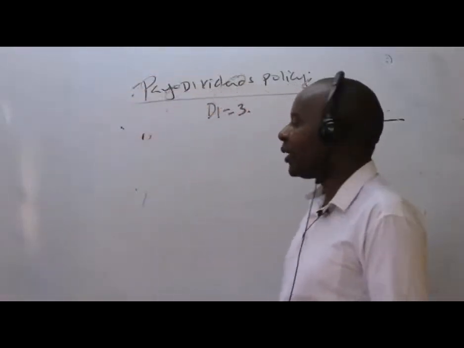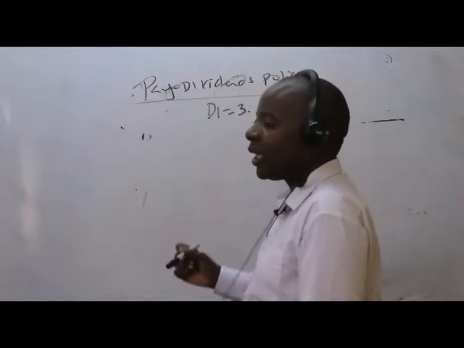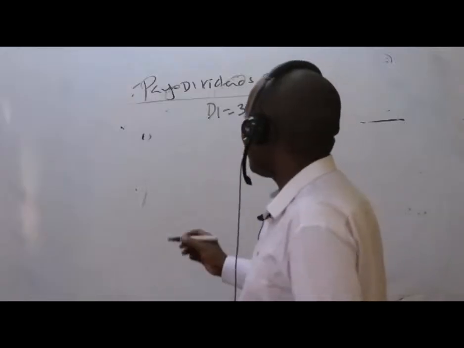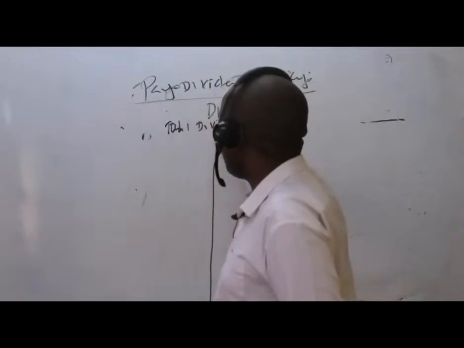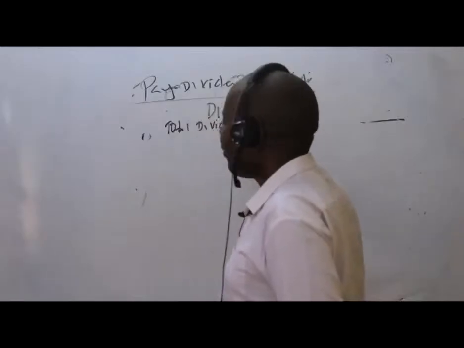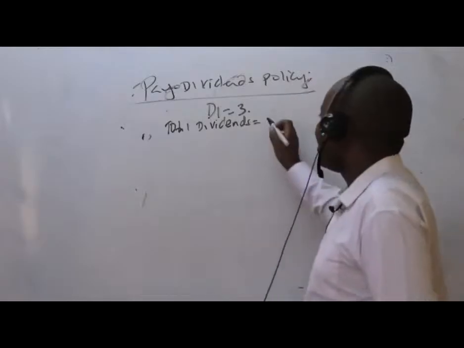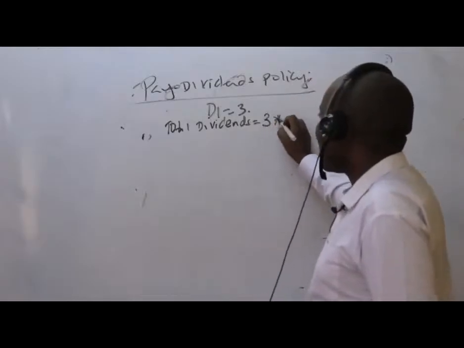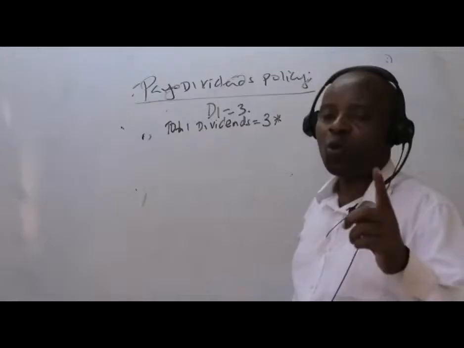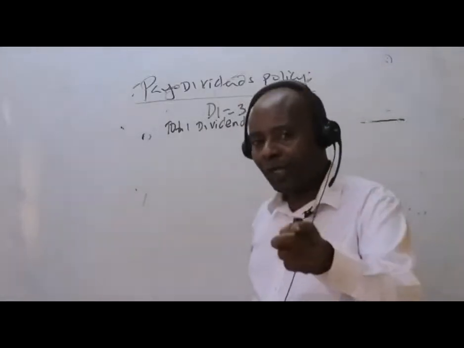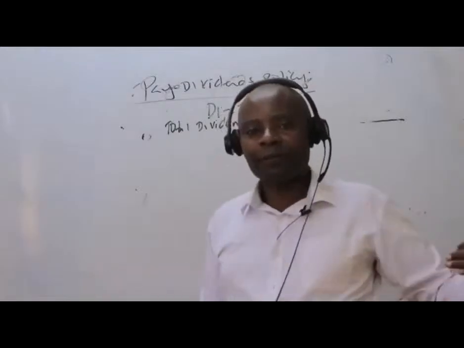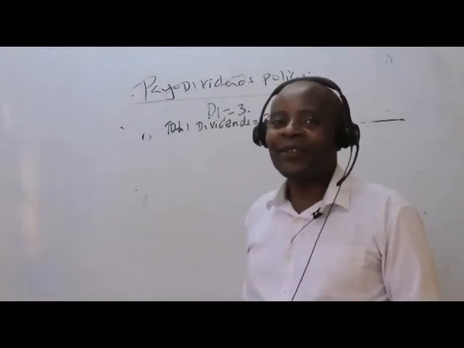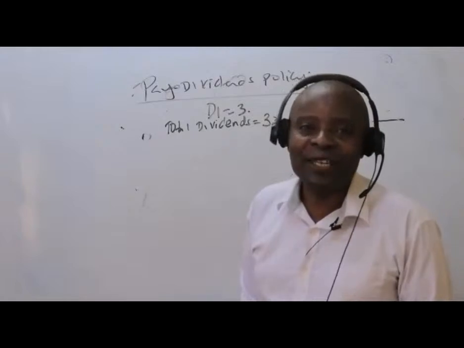When the dividend is 3 per share, first of all we need to give our examiner the total dividends payable. Total dividends payable will be the 3 times the number of shares that qualify for dividends, which are the old shares that we stayed with the whole year. New shares don't qualify for dividends.